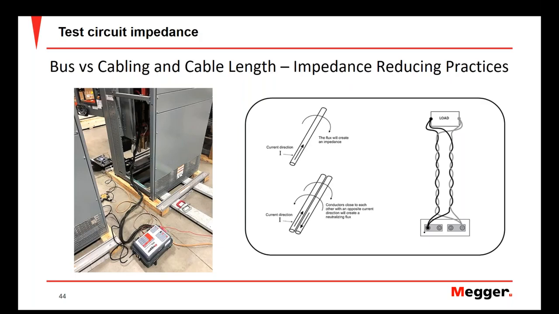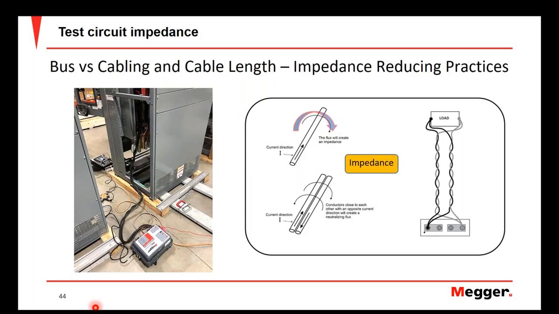But also something that can happen is the distance that you have between the two cables that are providing that current source to the specimen. If there's a lot of distance between those cables, it can create an inductive loop, or a flux effect, around that conductor. And that flux effect creates impedance on the cable.